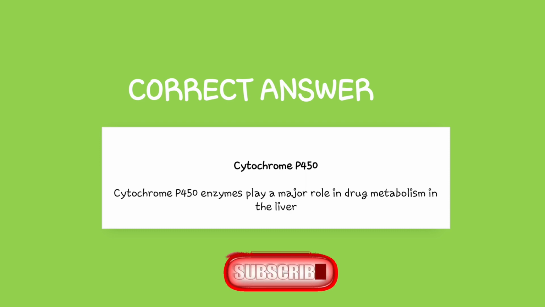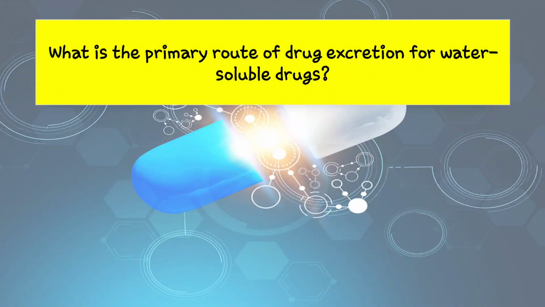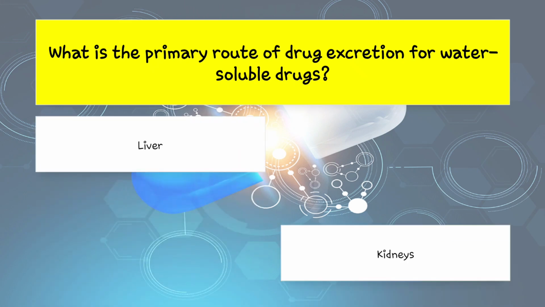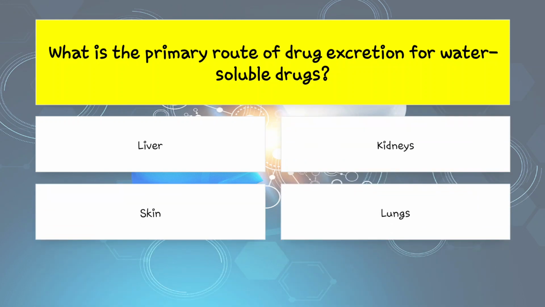Moving to next question. The question is, what is the primary route of drug excretion for water soluble drugs? And the options are A. liver, B. kidney, C. skin, and D. lungs.